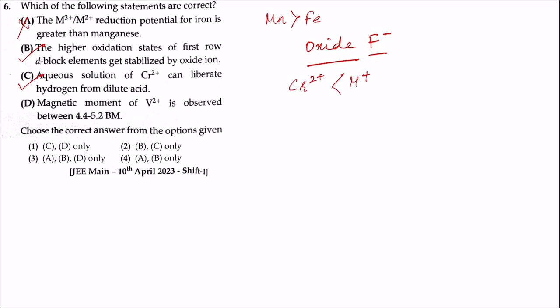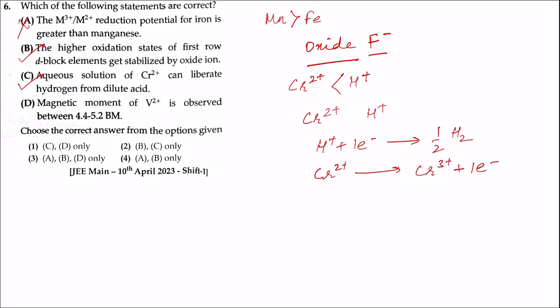So when chromium and H+ ions are present, then H+ ion accepts electron and changes to hydrogen gas, whereas chromium ion loses electron and changes to Cr3+ ion, giving electron.